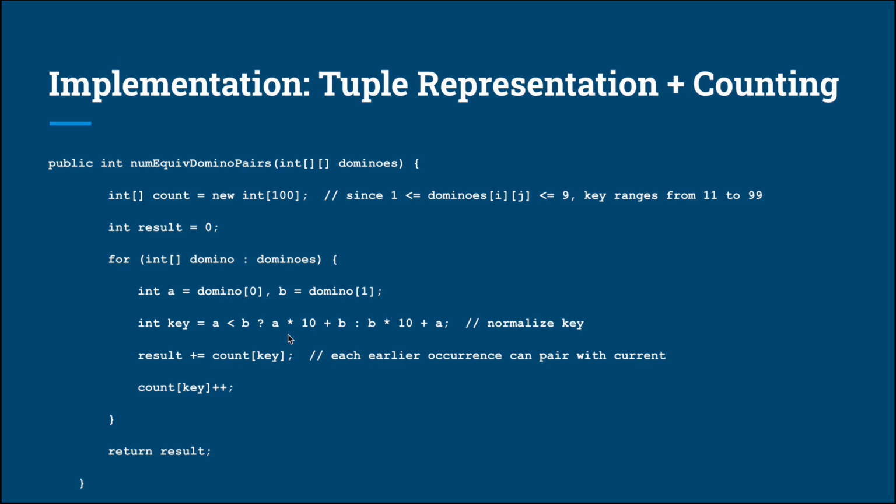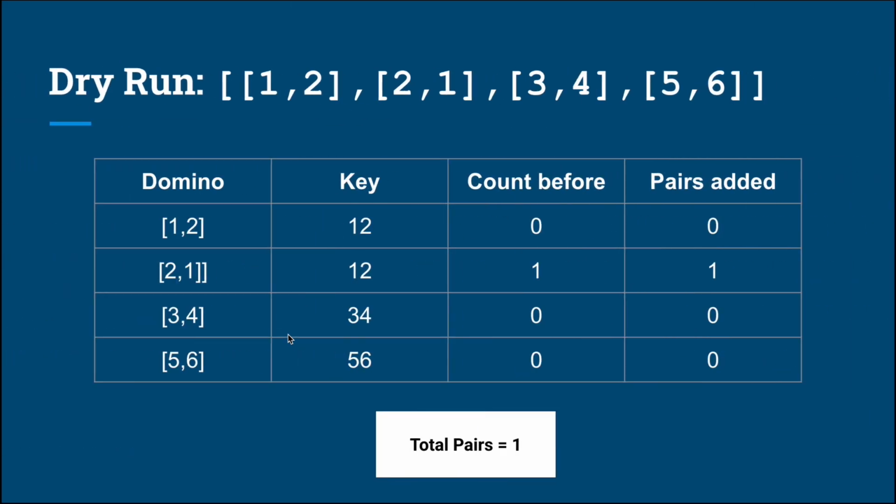This is a great example, because we have done a lot of things. If you want to do a dry run, what you have to do is write one column as domino and put all the dominoes. Domino 1 2 has key 1 2, 2 1 has key 1 2, 3 4 has key 3 4, and 5 6 has key 5 6.